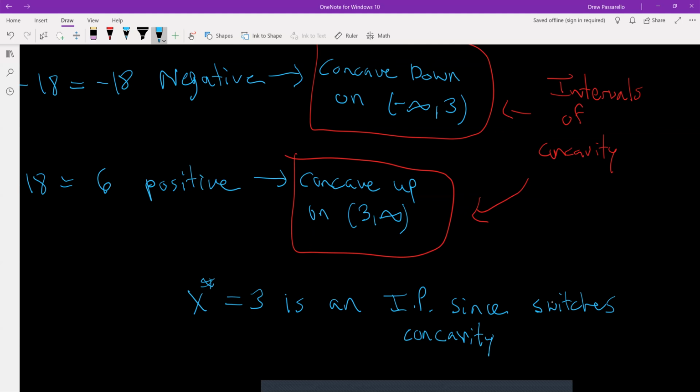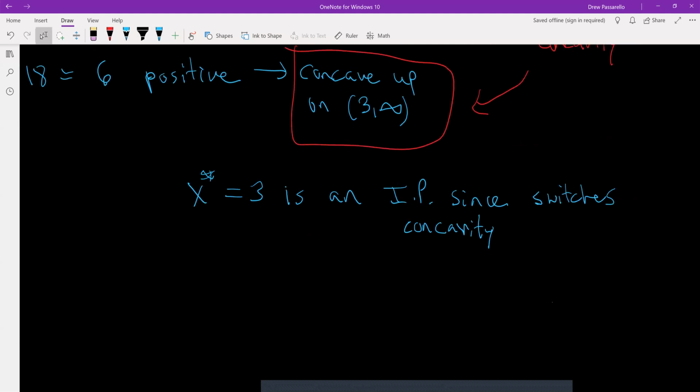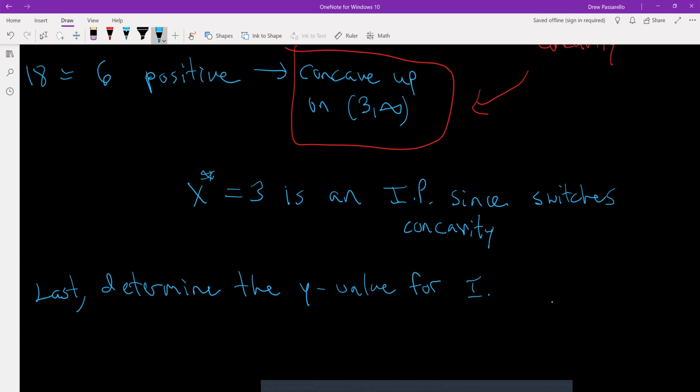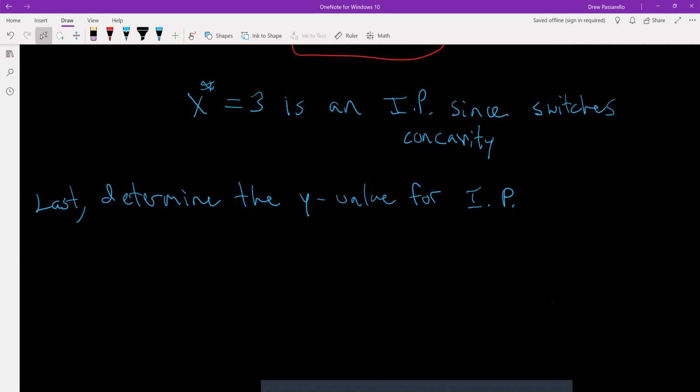All right, now I just need to determine, well, what's the y coordinate for this inflection point? So last, determine the y coordinate for the inflection point. It's crucial to be aware of which functions you're using.